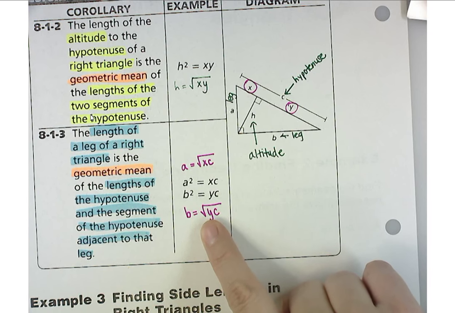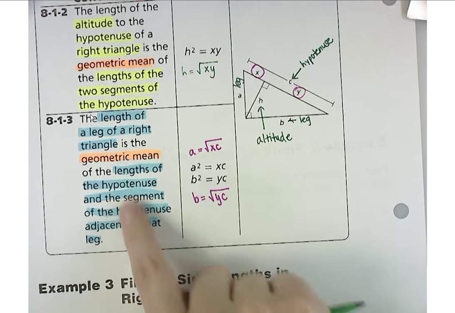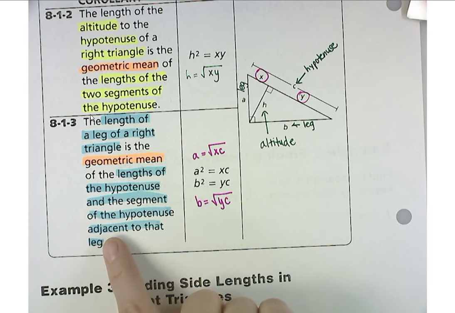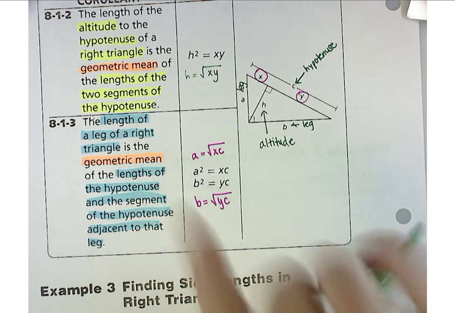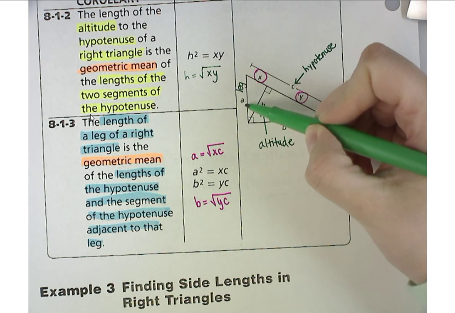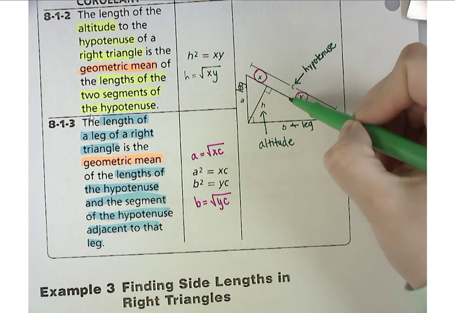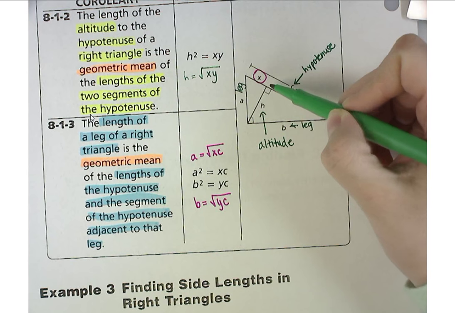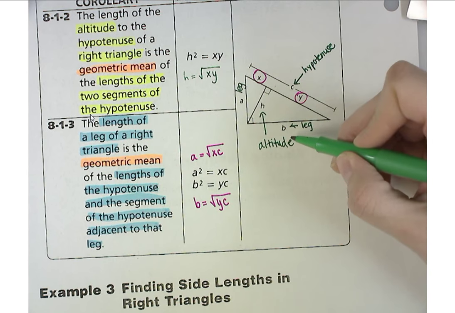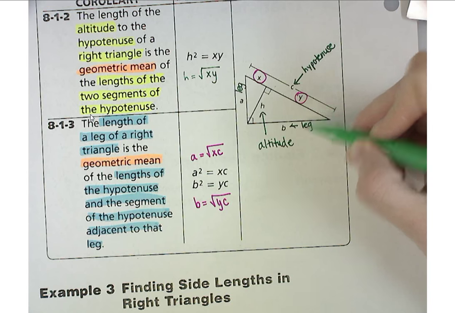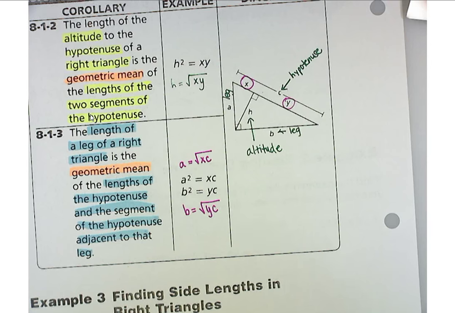You can't just interchange them. It's because it says it's going to be the segment of the hypotenuse that's closest to it. So look at A. Can you see how A is closer to X than it is to Y? It's right next to X, it's touching it. Same thing with B, which is right next to your Y. That's how you're choosing which part to use.